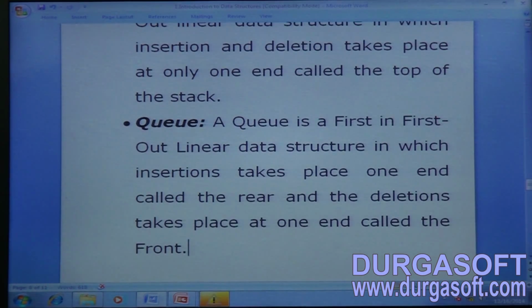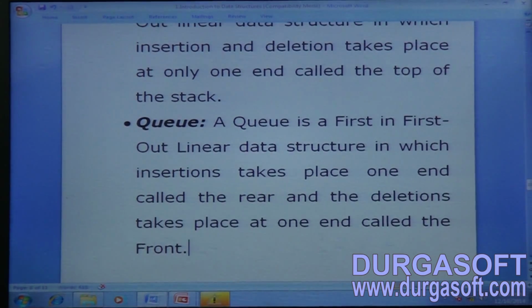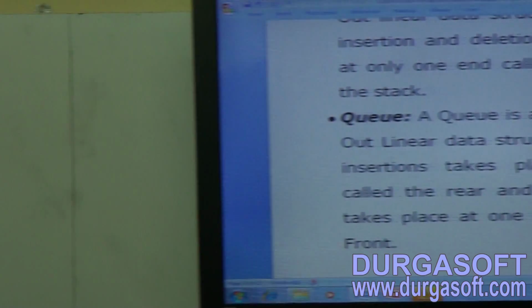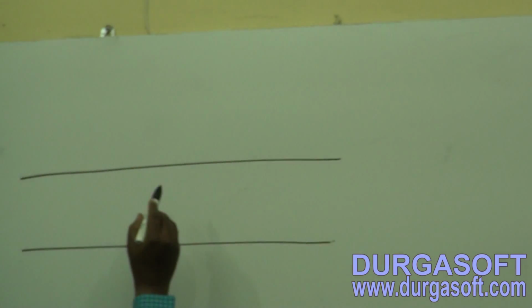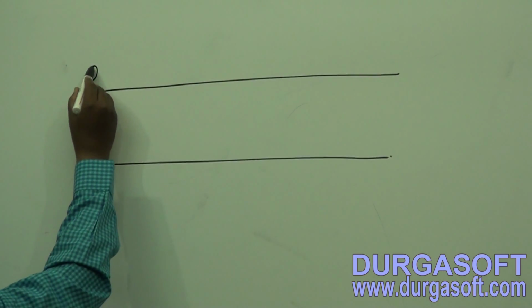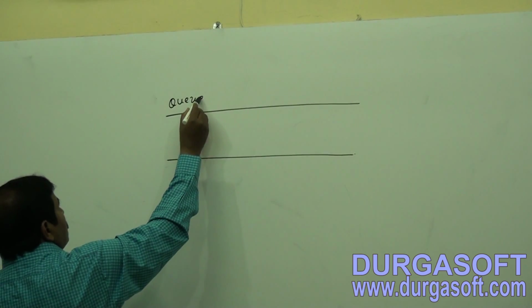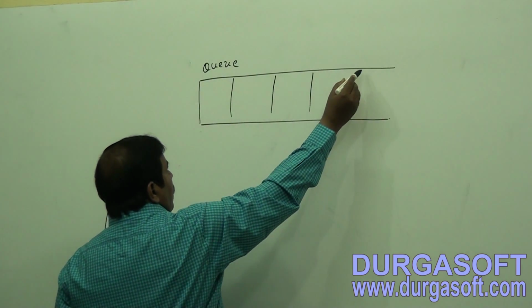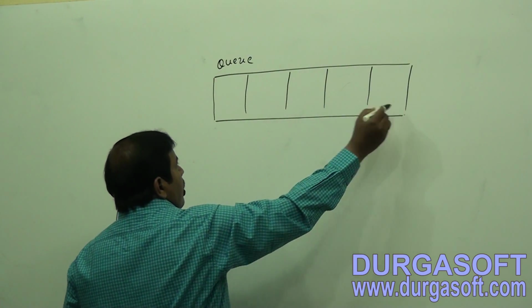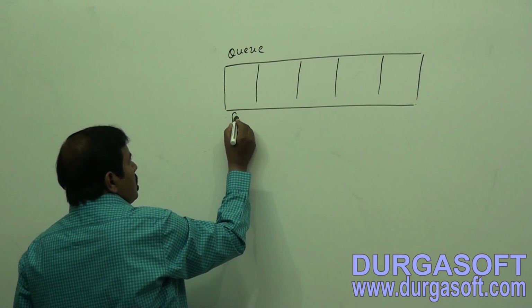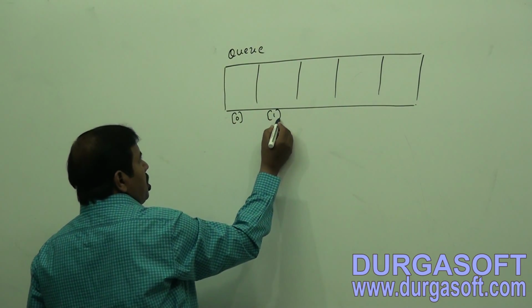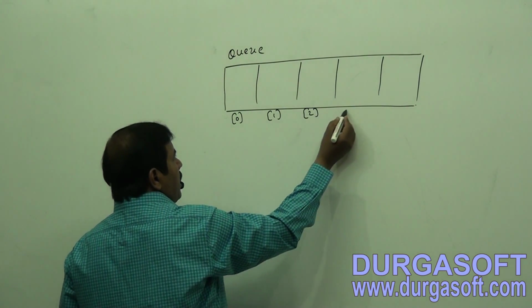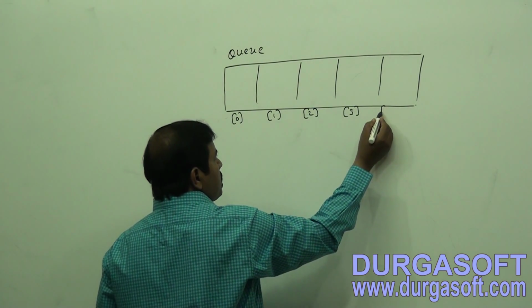Now if you draw this diagram, it's a queue data structure. Again here I am representing a queue using an array. These are the indexes.